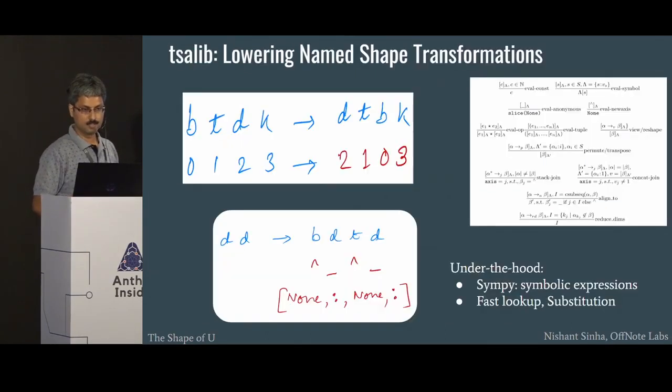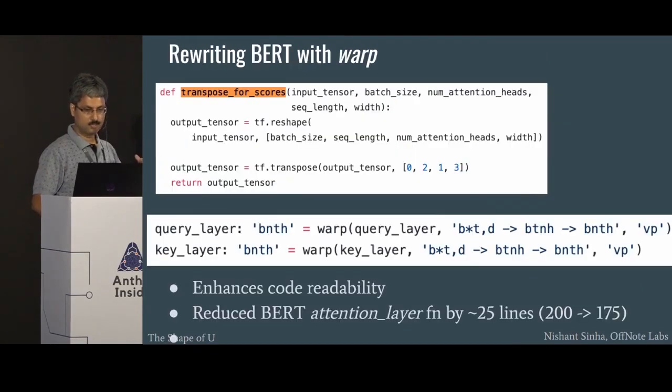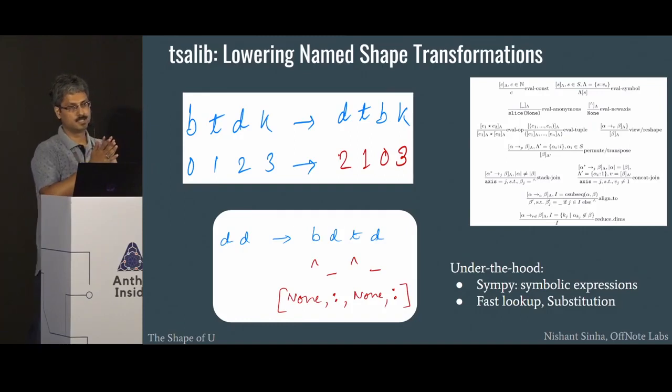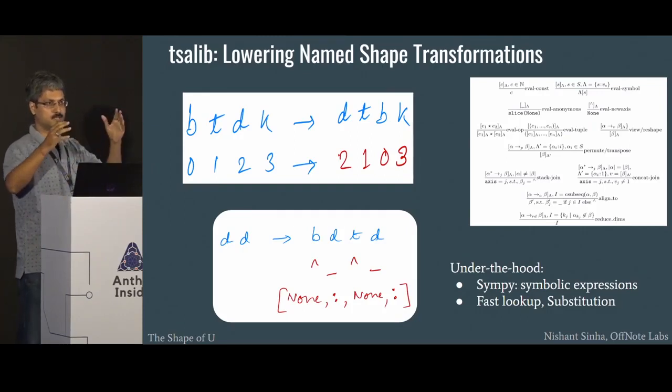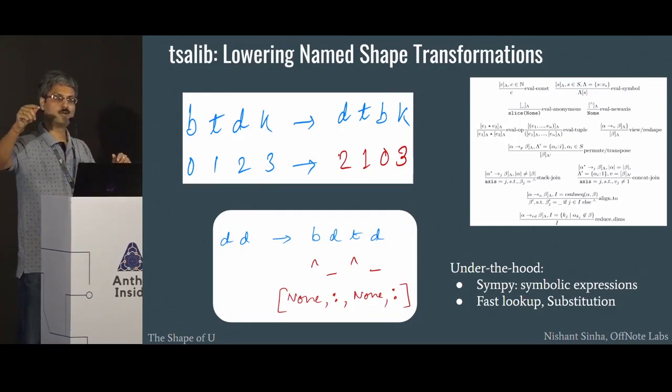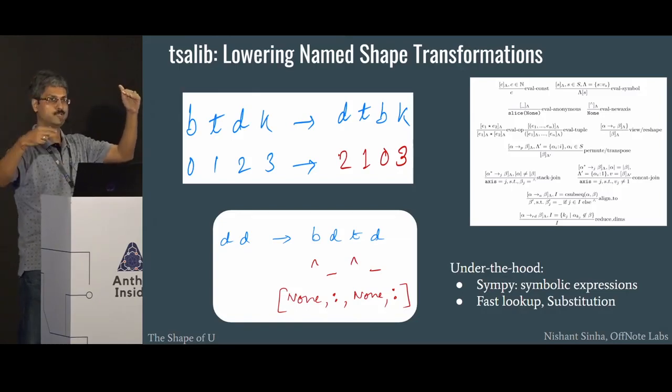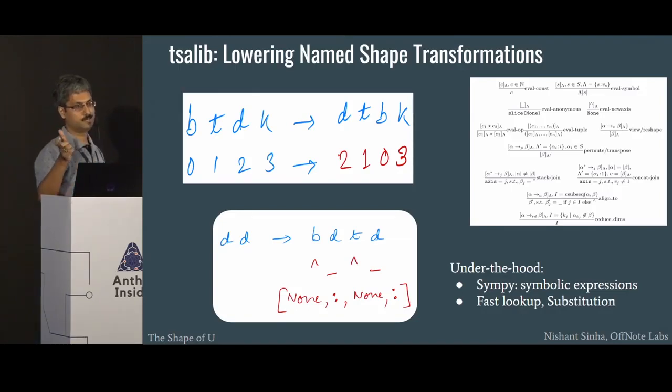Okay. So I told you about a grammar over those names that can be used to specify shape transformations. But what is going on underneath? Essentially, the libraries still understand 0, 1, 2, 3 indices, and you're working with names, so you need a way to lower these names to the library integers.